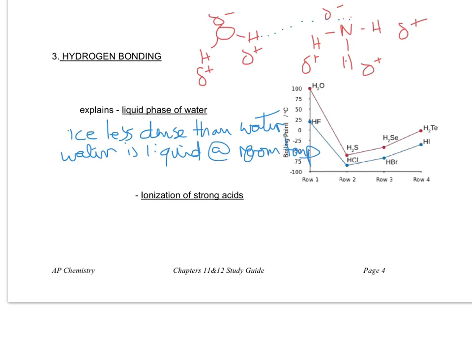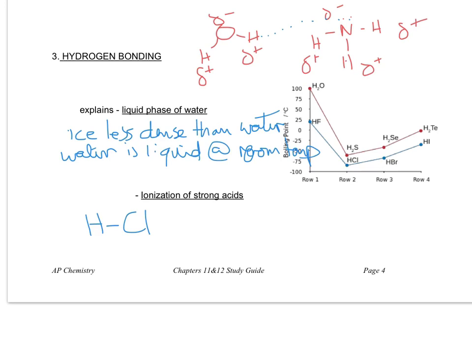This also explains the ionization of strong acids. So if you remember, acids are all covalent. So if you have something like HCl, for example, this is covalently bonded. There are no ions.